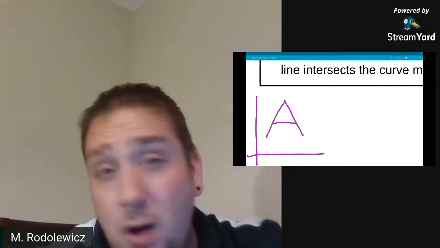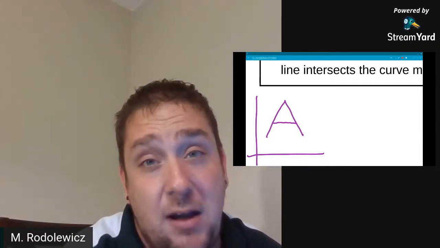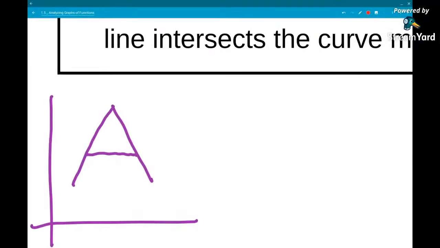Does any one of them stand the chance of intersecting the graph twice? It should be pretty obvious that they do. There is more than one. I showed it. The letter B, the letter C, the letter D, letter E, F, G, H, I, J, K, L, all fail the vertical line test.